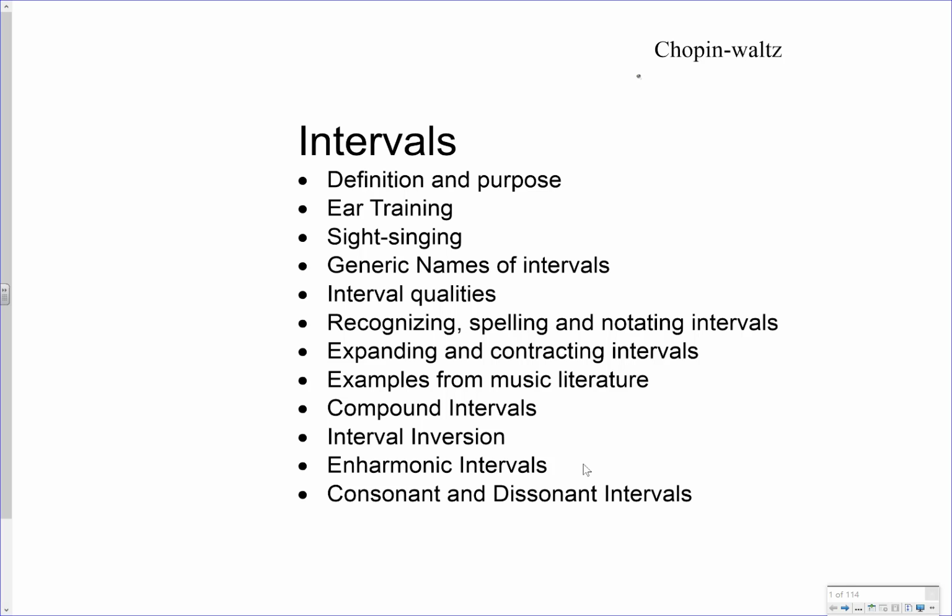Hi, college. Here is our introduction to our new unit called intervals. Please take a moment to read through the topics that we'll be talking about this quarter.